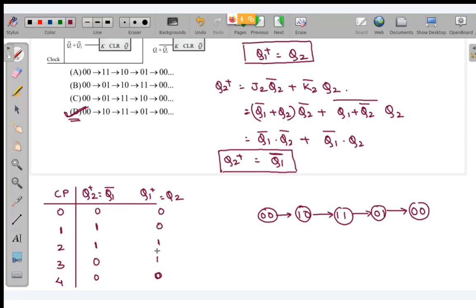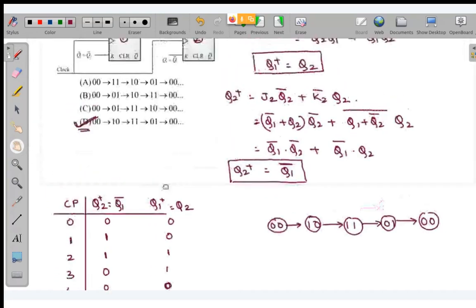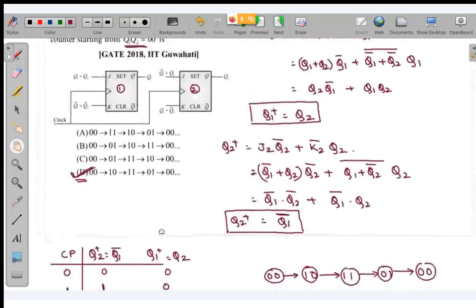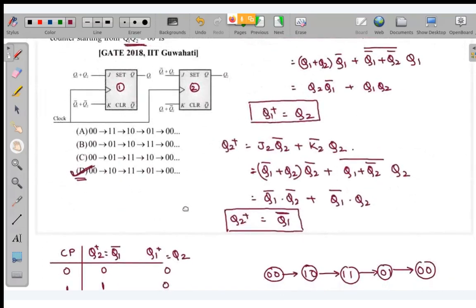No, I don't think so. I haven't done any mistake. You can check yourself. So where have you guys done some mistake? Tell me. It is of the form Q1, Q2. Yeah, sir, it's Q1, Q2. So check for the answer, sir.